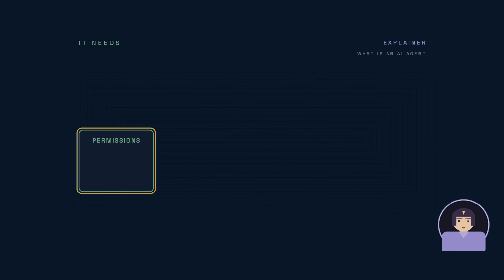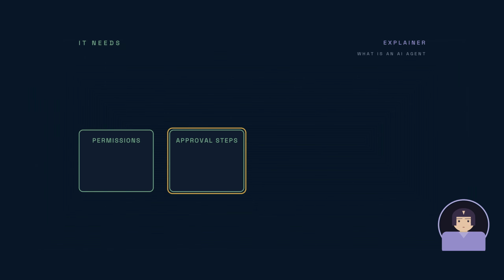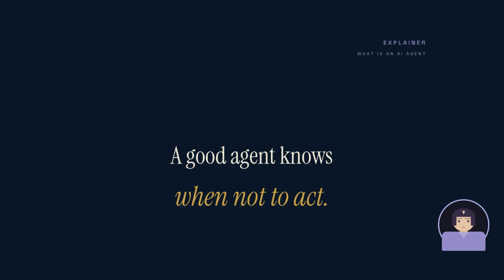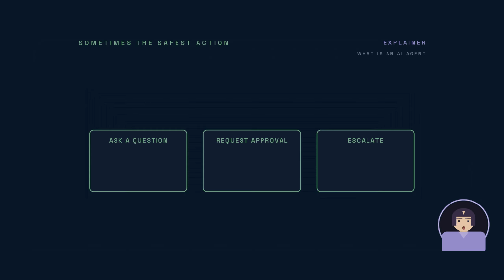And important actions may still require a human. A good agent should also know when not to act. Sometimes the safest action is to ask a question, request approval, or escalate the task. The goal is not to let AI do everything. The goal is to let AI do the right things safely.